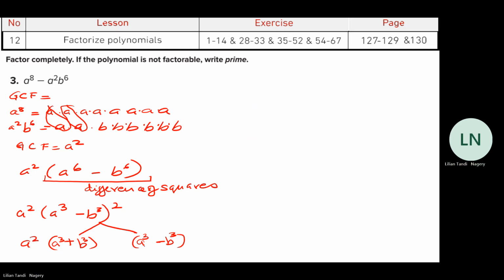Now, you cannot stop here. This is a sum of cubes, and this is a difference of cubes.